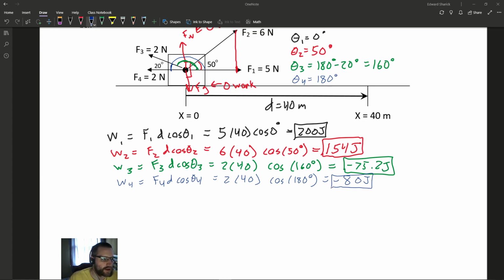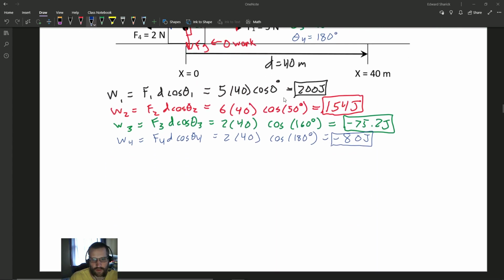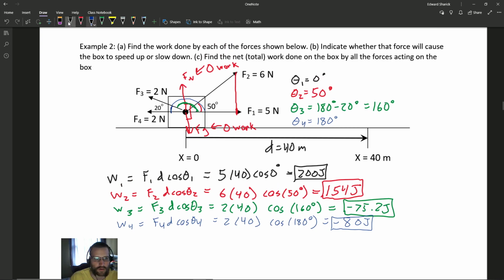All right, and that's what we have so far. All right, so that is part A. Find the work done by each of the forces shown below. So we got that done. Part B: indicate whether that force will cause the box to speed up or slow down. So force 1 is going to cause it to speed up because it's positive.